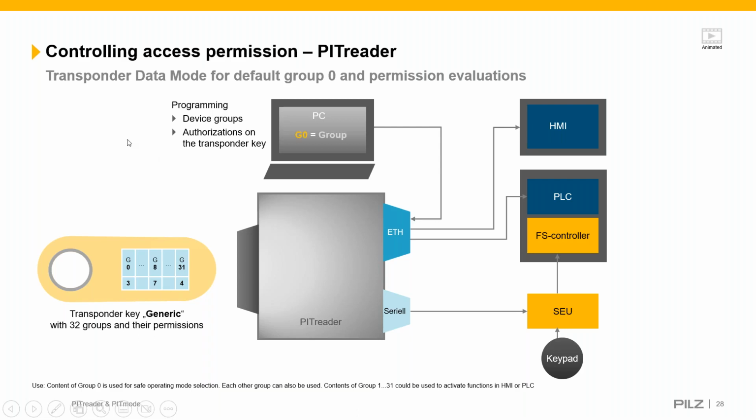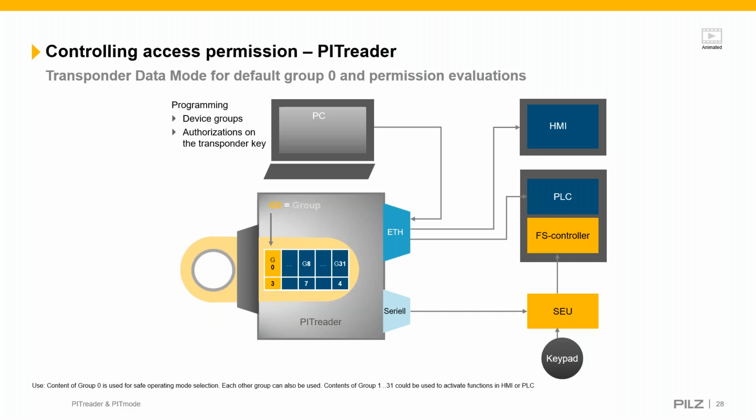So on the PC, we're looking at group 0. That will be fed via Ethernet to the PIP reader. The key is placed within the PIP reader, so that's reading whether or not group 0 is on the key itself. It is. So that will send via the serial port to the safe evaluation unit what the permissions are on the key.